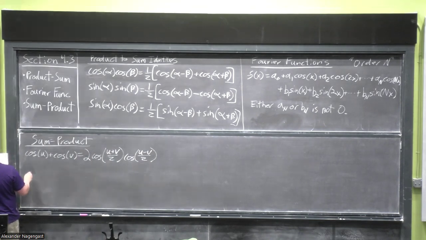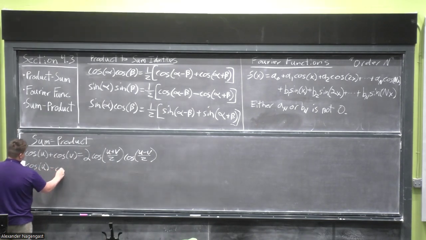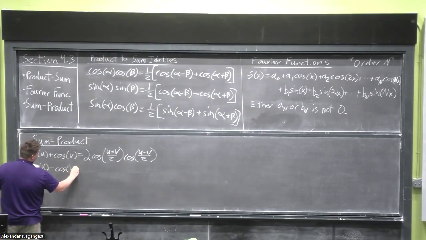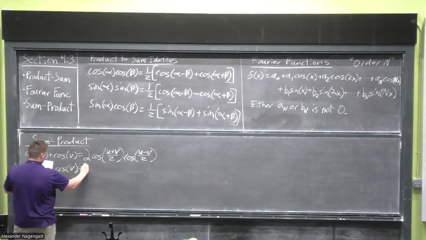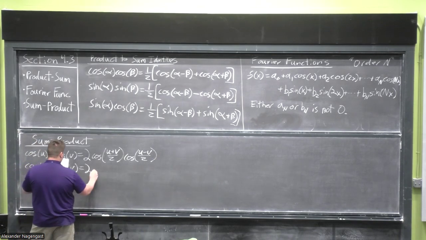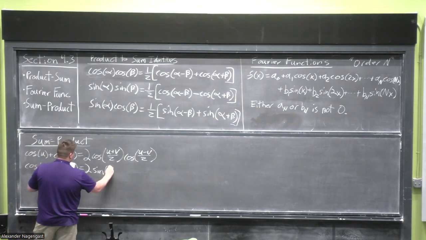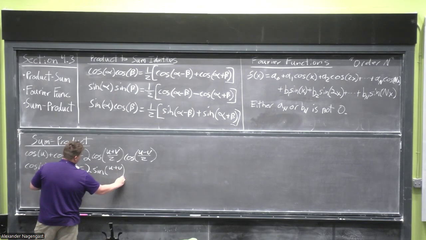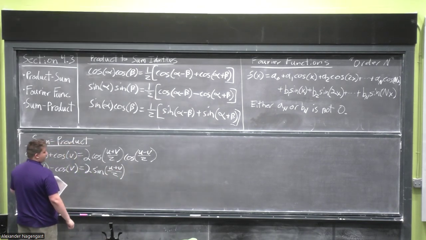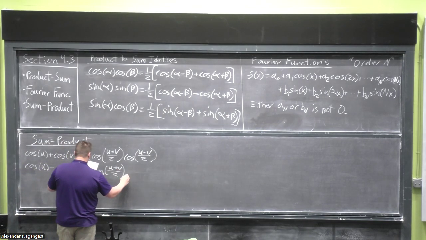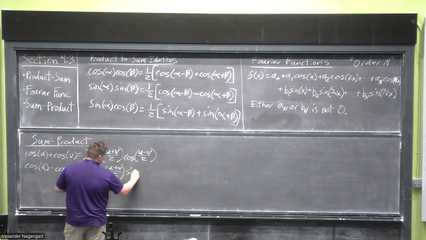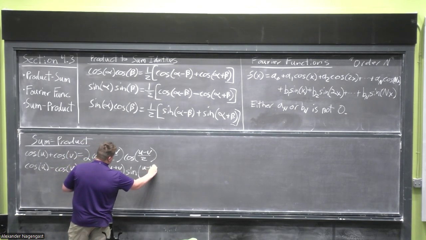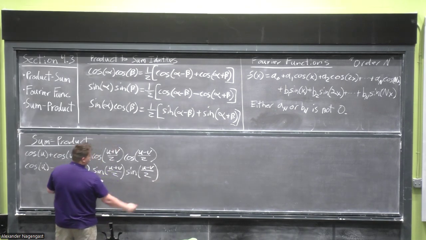We have cosine of u minus cosine of v equaling 2 times sine of u plus v all over 2 times sine of u minus v divided by 2.